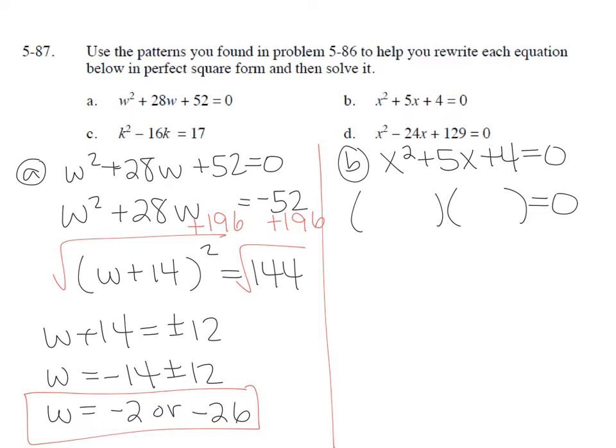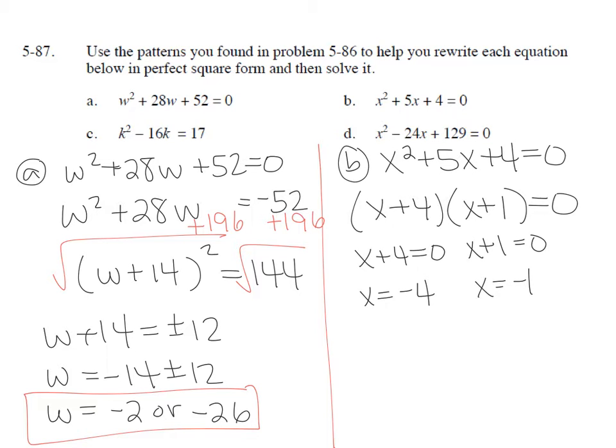Because what two things multiply to 4 and add to 5x? x plus 4 and x plus 1. And when I set x plus 4 equal to 0 and x plus 1 equal to 0, I get x equals negative 4 and x equals negative 1.